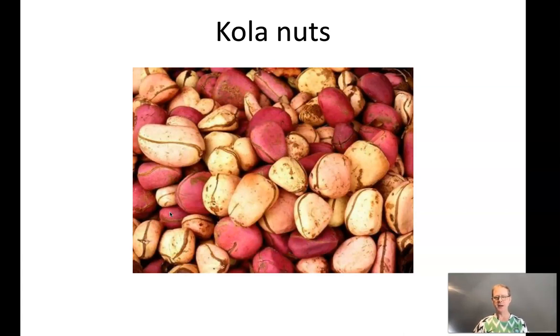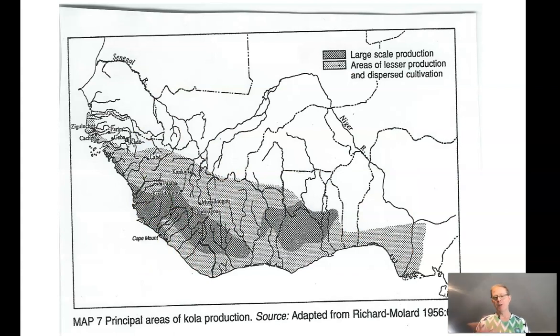And these are something that people chew when they're working hard or exerting themselves. But the kola nuts, like a lot of plants, are only grown in certain areas. And the dark shaded areas were the areas of large scale production. So they're all here to the south.